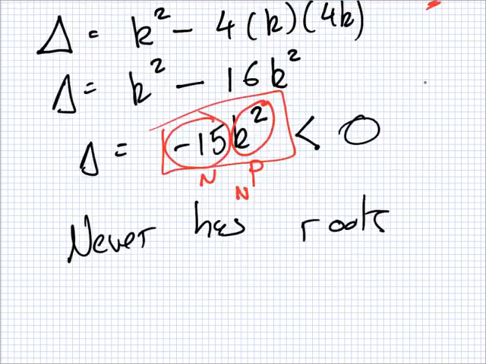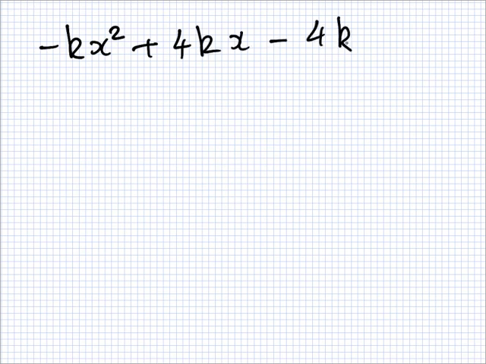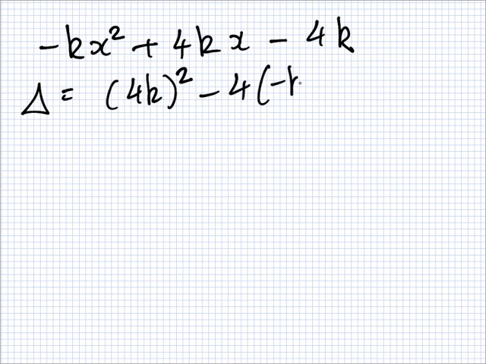Okay, another example. Minus kx squared plus 4kx minus 4k. The discriminant is b, which is 4k, squared, minus 4ac.